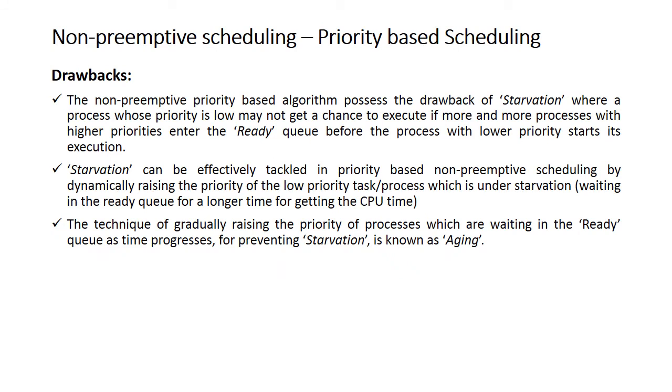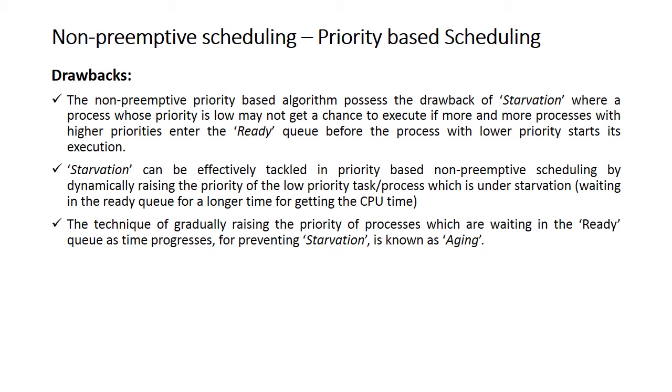So, the drawbacks of priority based scheduling in the case of a non-preemptive scheduling algorithm. The non-preemptive priority based algorithm has the drawback of starvation, where a process whose priority is low may not get a chance to execute if more and more processes with higher priority enter the ready queue before the lower priority process starts its execution.